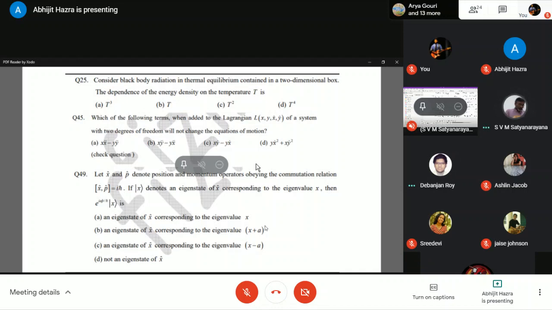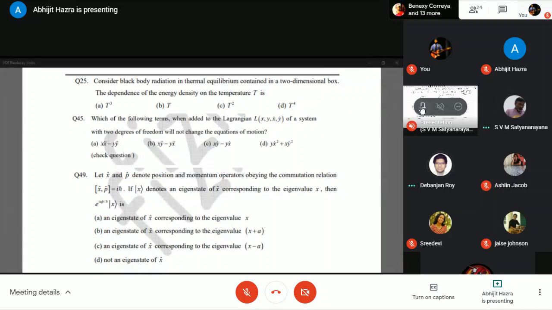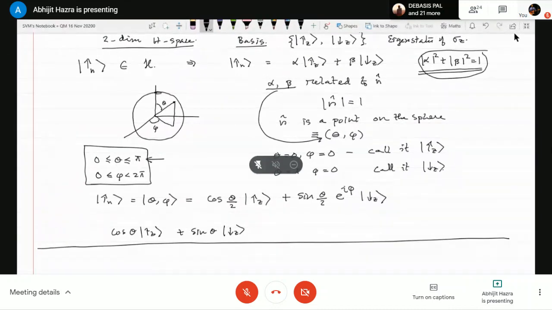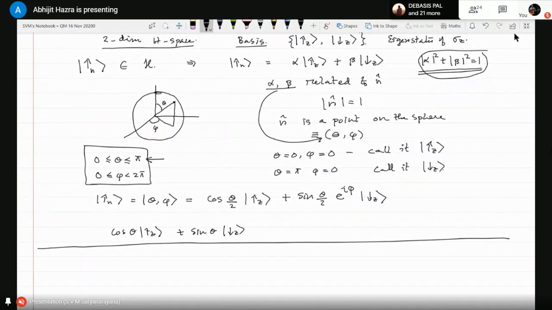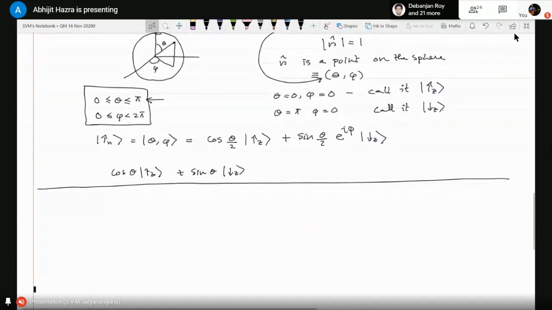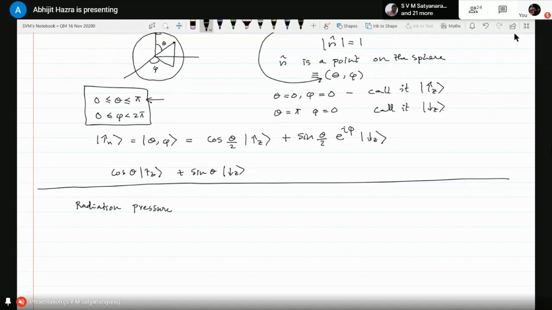Can you see the screen that I shared? Yes, it is visible, sir. Essentially, the crucial thing is the radiation pressure. We did Boltzmann's thermodynamic derivation of Stefan's law in the initial thermodynamics lectures.